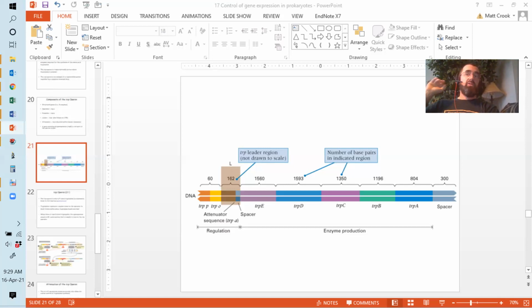It doesn't go on to do any metabolic process. In fact, as soon as it's produced, it gets broken down, and those amino acids get used again. So this small polypeptide encoded in this leader region is purely there as a mechanism for the fine control of expression of the TRP operon. Okay. Anybody got any questions so far?